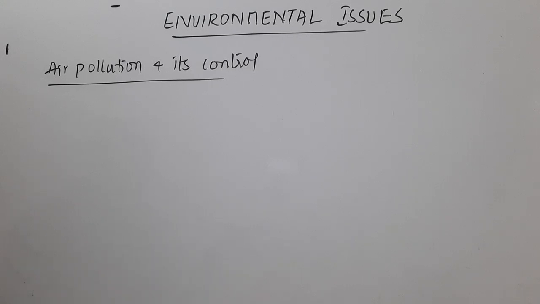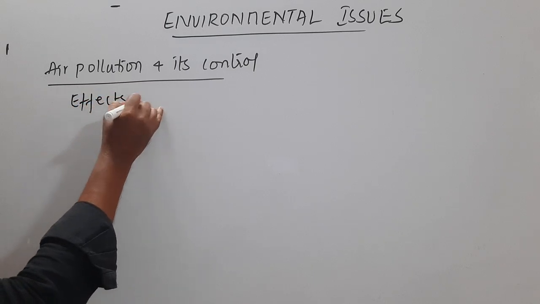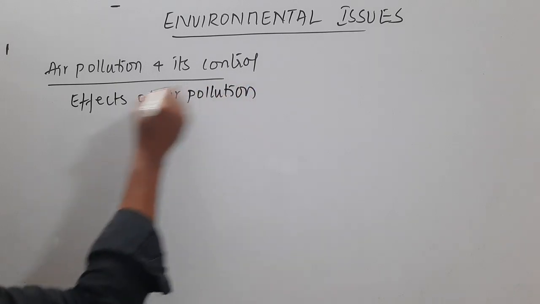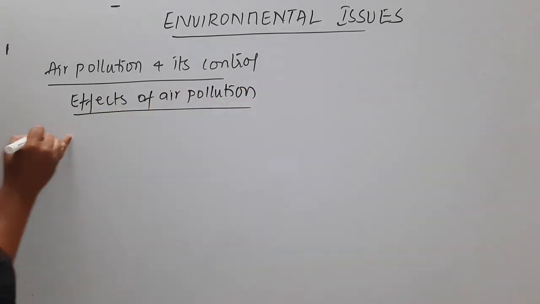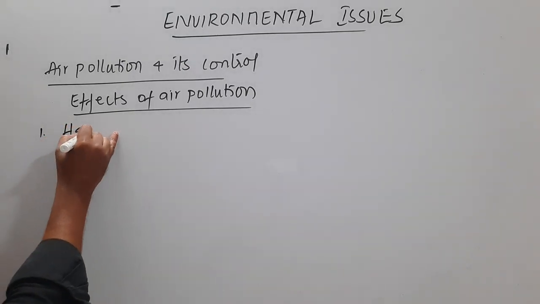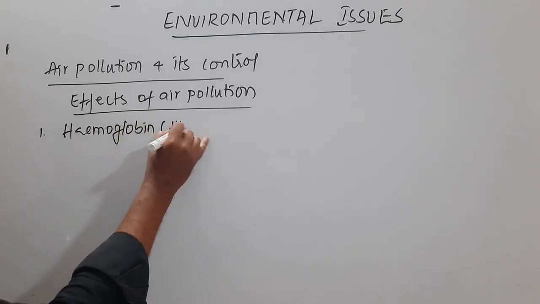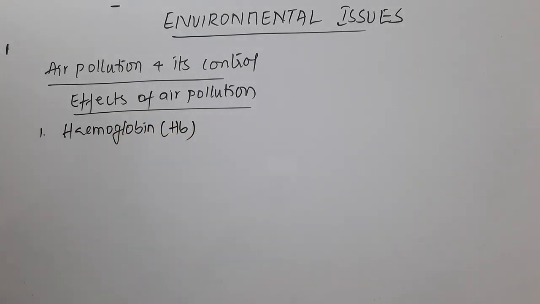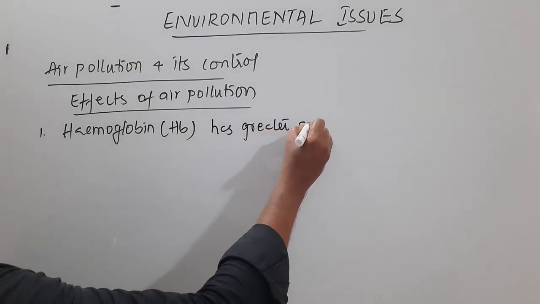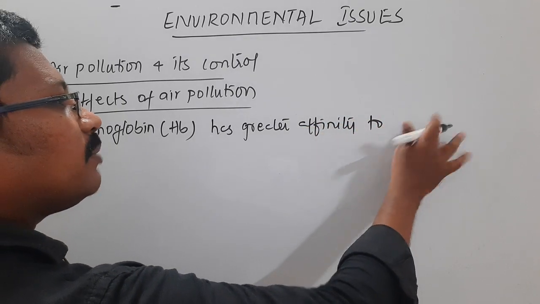Now let's see some effects of air pollution. Here the hemoglobin, in short I'm writing it Hb, has greater affinity to carbon monoxide.